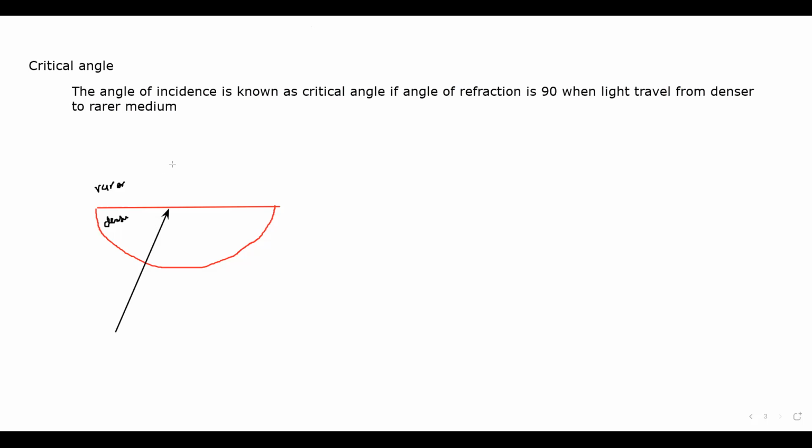When we draw the normal, an imaginary line which is perpendicular to the surface, that's known as normal.